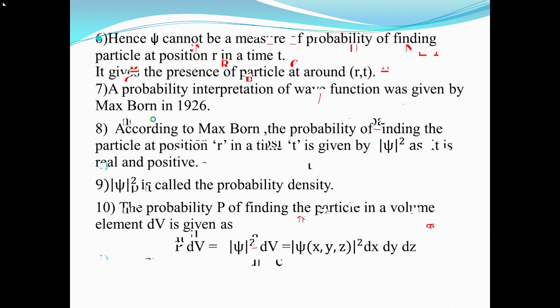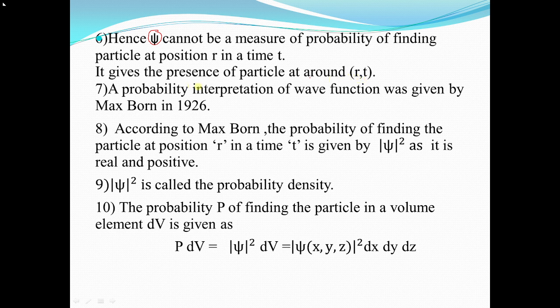That is given by Born. See here, hence psi cannot measure the probability of finding the particle at position r at time t, because psi is a complex quantity. It only gives an indication of the presence of the particle around r comma t, that's all.